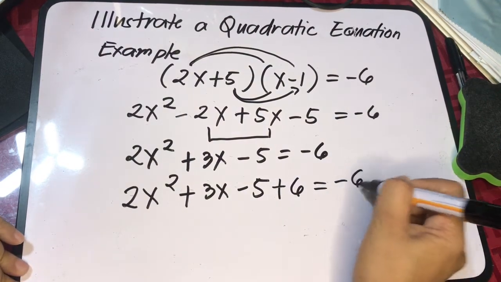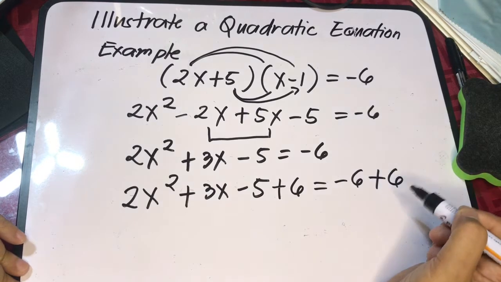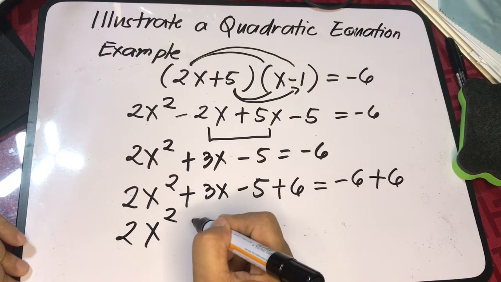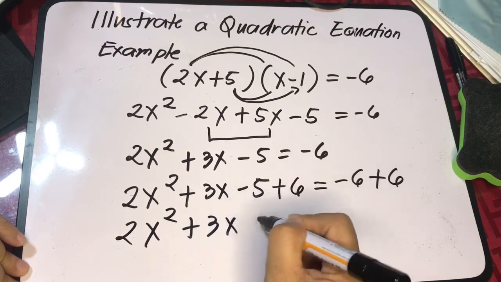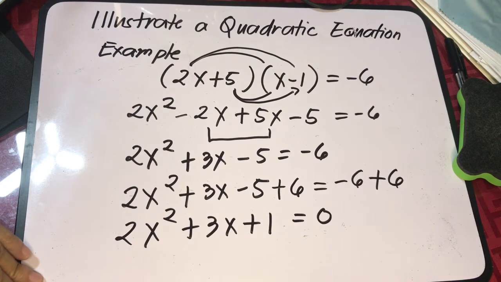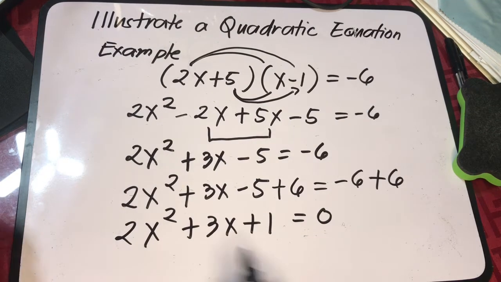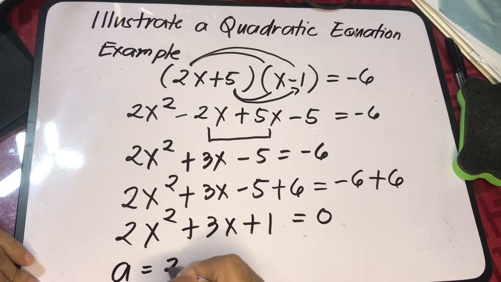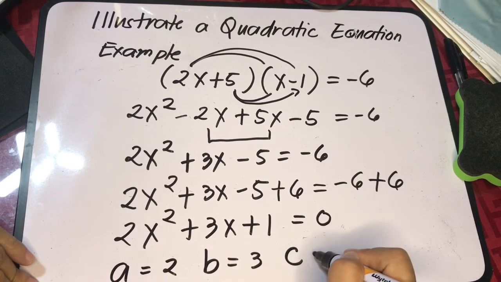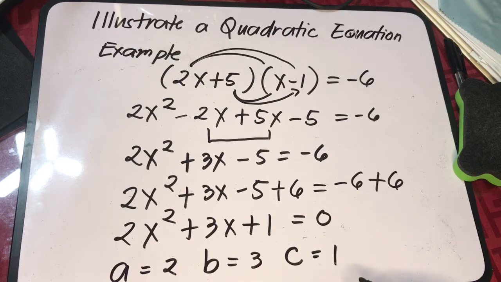So we have negative 6 plus 6. So the equation becomes 2x squared plus 3x plus 1 equals 0. Okay, it is already in standard form. So A is equal to 2, B is equal to 3, and C is equal to 1.